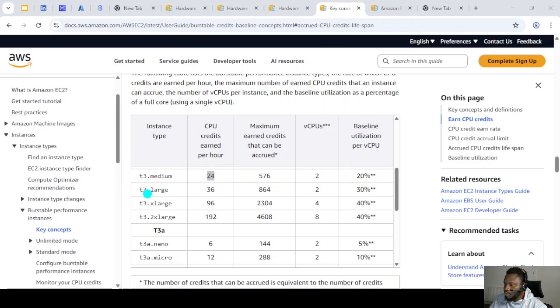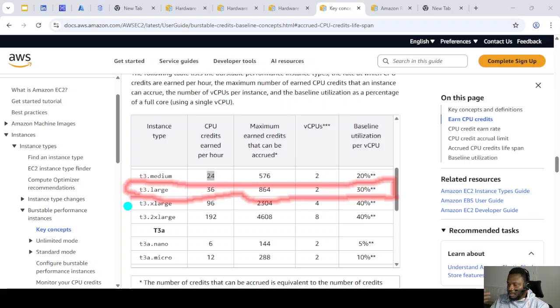In most cases, what I'll do is I will try the DB T3 large, because the baseline here is 30%. If I actually go for DB T3 large, and I see that my CPU utilization average within maybe a period of 1 month is below 30%, it therefore means that I can go for the burstable instance class DB T3 large, right?